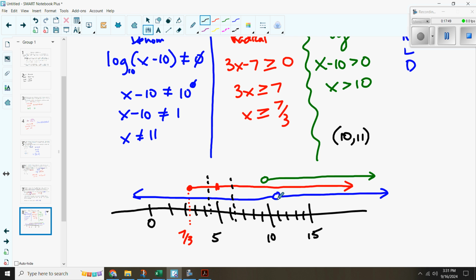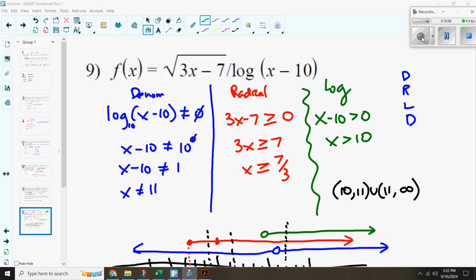But at 11, I have a hole there, and I can't do it. Once I get past 11, I'm covering the blue, the red, and the green. So I'm going to unite that with 11 to infinity. So that is how I find the domain of a function. I hope it was helpful.